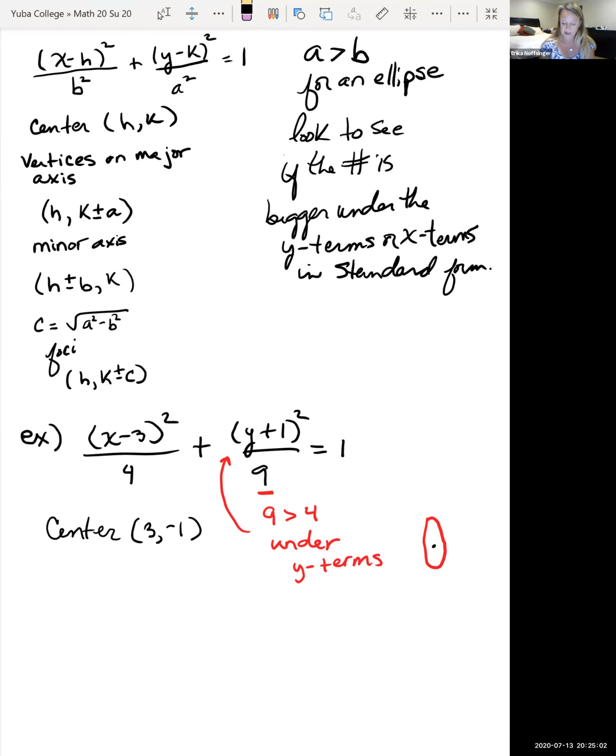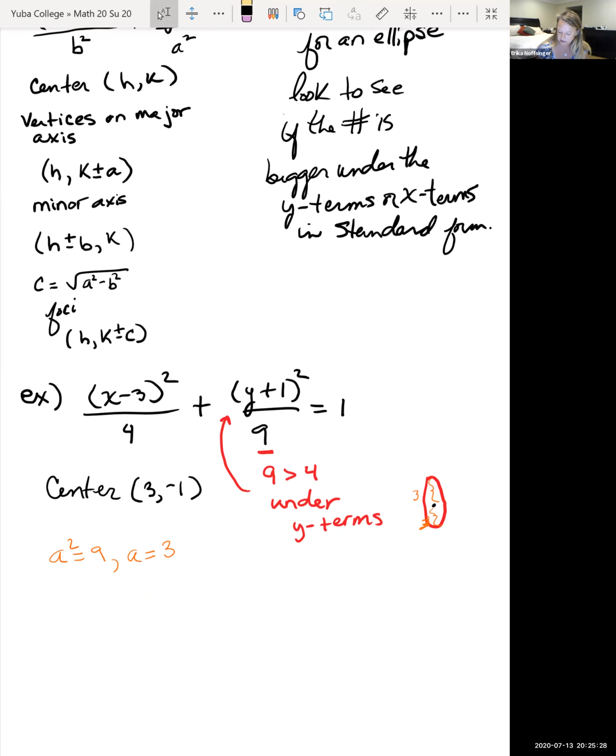So I know a squared is the biggest number underneath here, so a squared is 9. That means that a is equal to 3. And I also know what this point is.